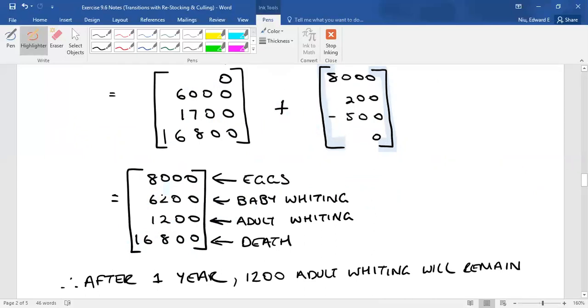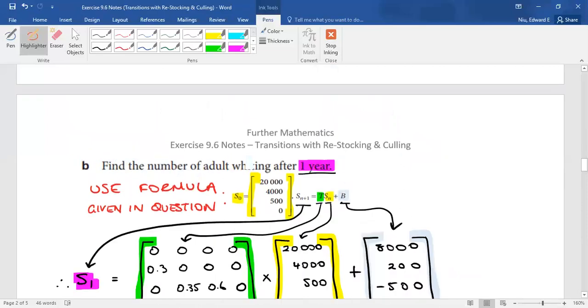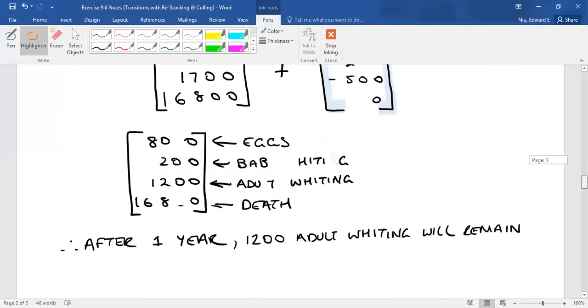We figured out there's going to be, at the end of the first year, 8,000 eggs, 6,200 baby whitings, 1,200 adults, and 16,800 whitings are going to perish. And the question, remember, says, find the number of adult whitings after 1 year. If we label the matrix like so, we can see the top row is eggs. The third row is adults, and we can see there's going to be 1,200 adult whitings remaining.